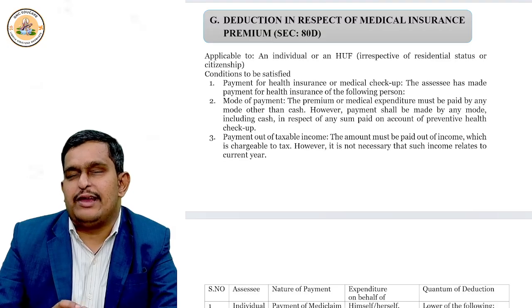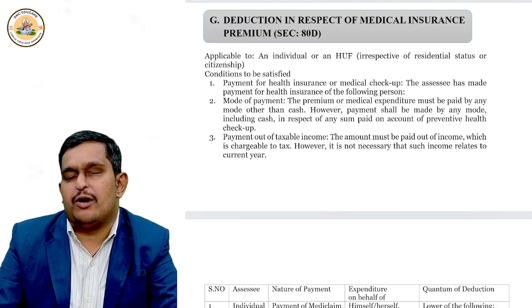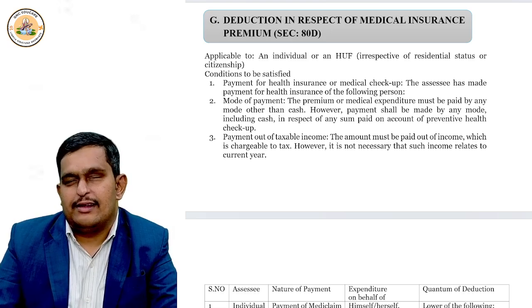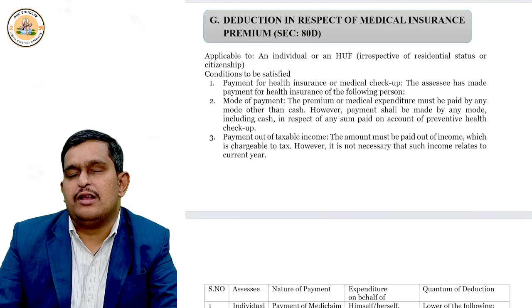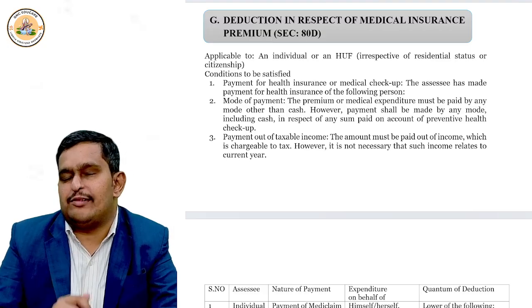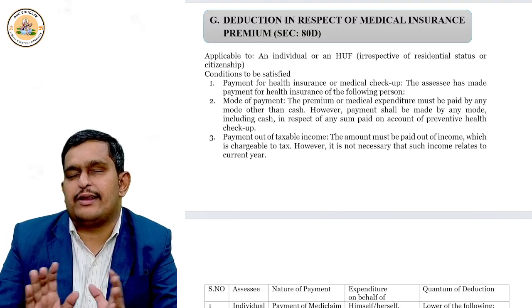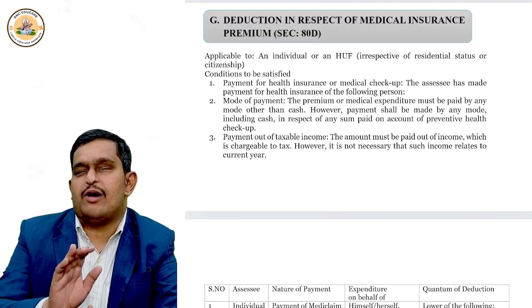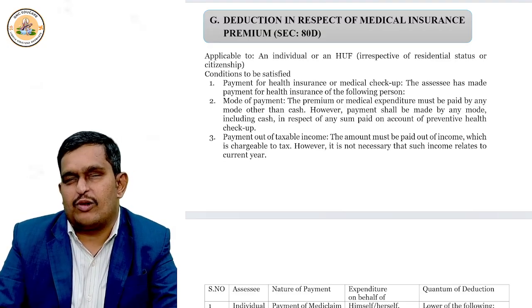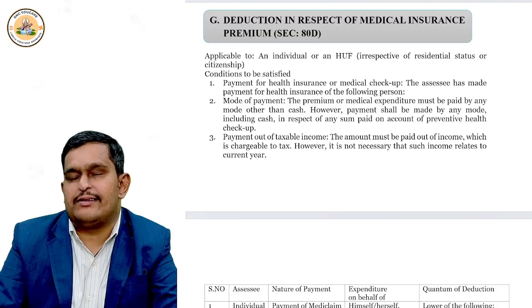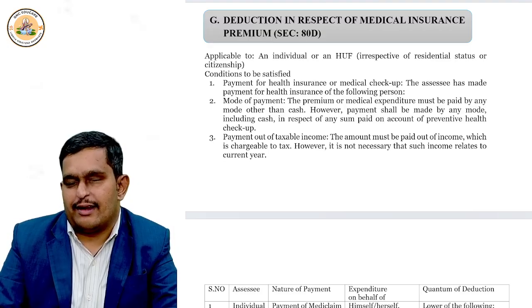Right. Now let me recap for you. We are talking about 80D, and this is applicable to individual and HUF, irrespective of residential status, irrespective of citizenship. Okay? Clear?